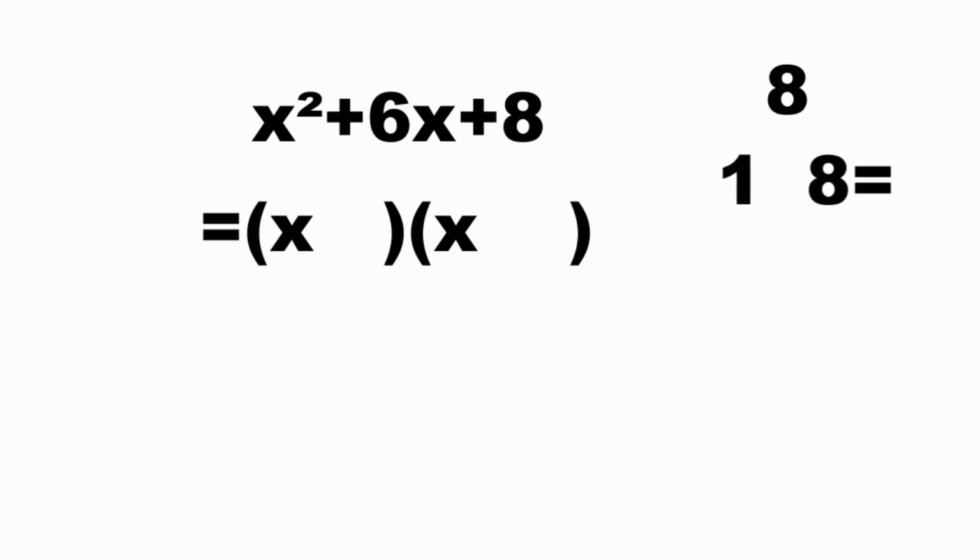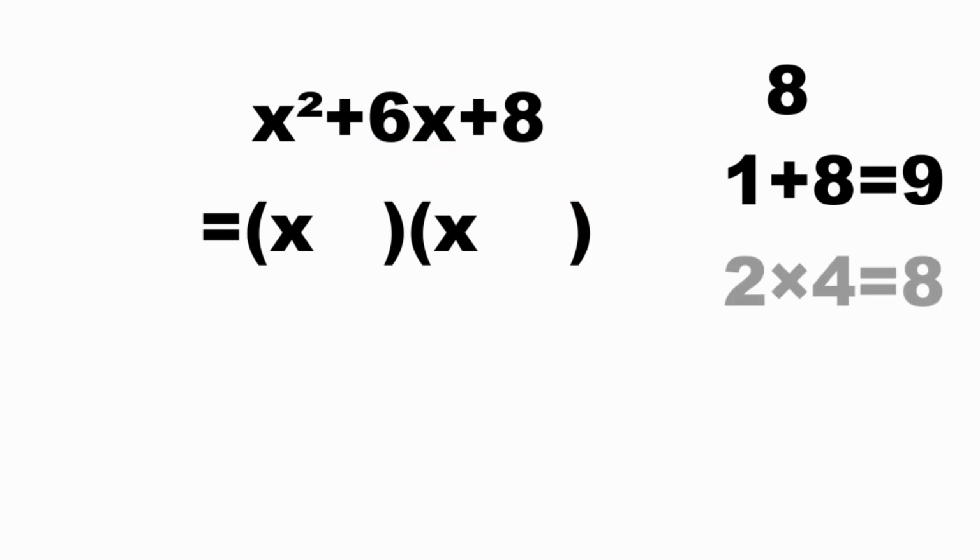But if you add these, 1 plus 8 is 9. So this is not equal to 6. And then we have the factors of 8 as 2 times 4 is 8. And if you add these, 2 plus 4 is 6. So we have 6.